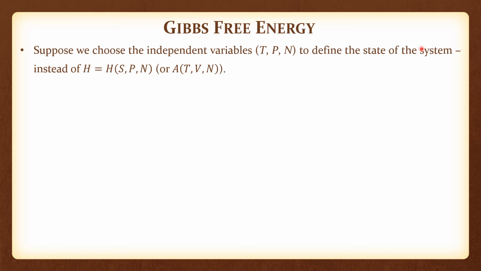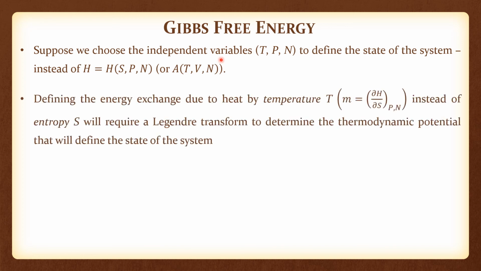So to define the state of the system, instead of say S, P and N, we take enthalpy, and then do a Legendre transform of the independent variable entropy to temperature. Or we take Helmholtz free energy, T, V and N, we do a Legendre transform of volume to pressure. Either way we look at it, we will get this new thermodynamic potential.